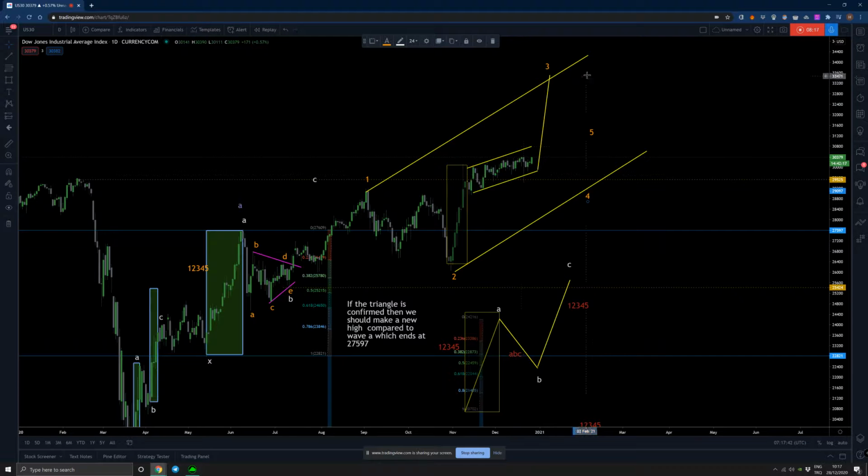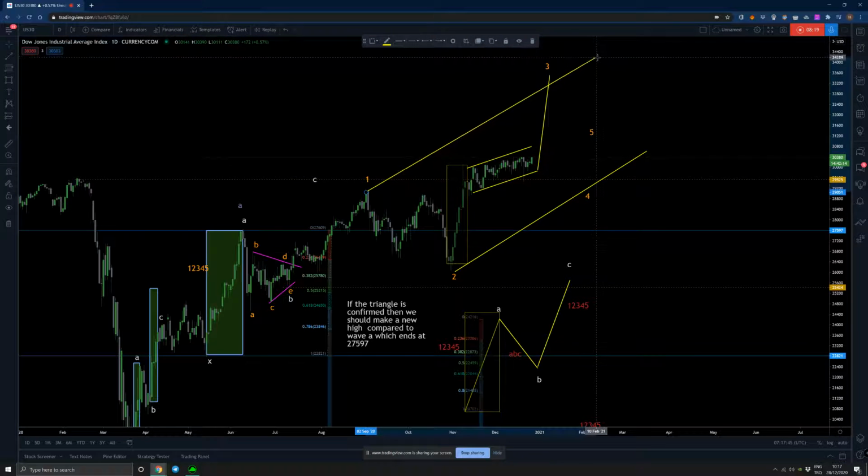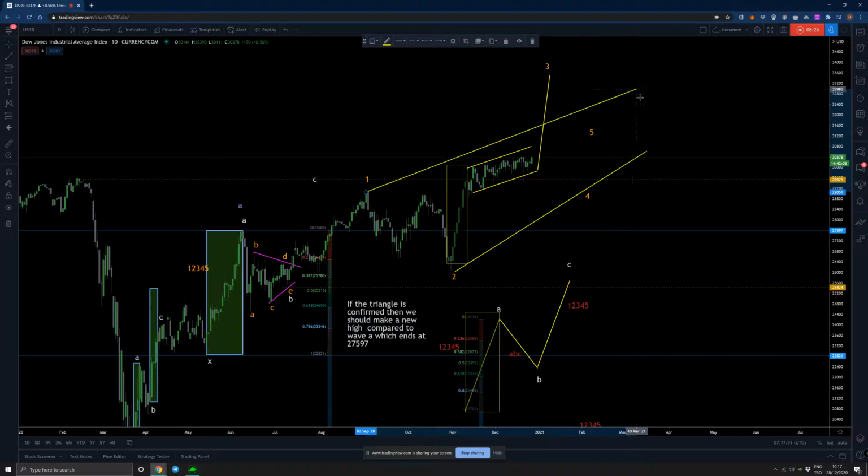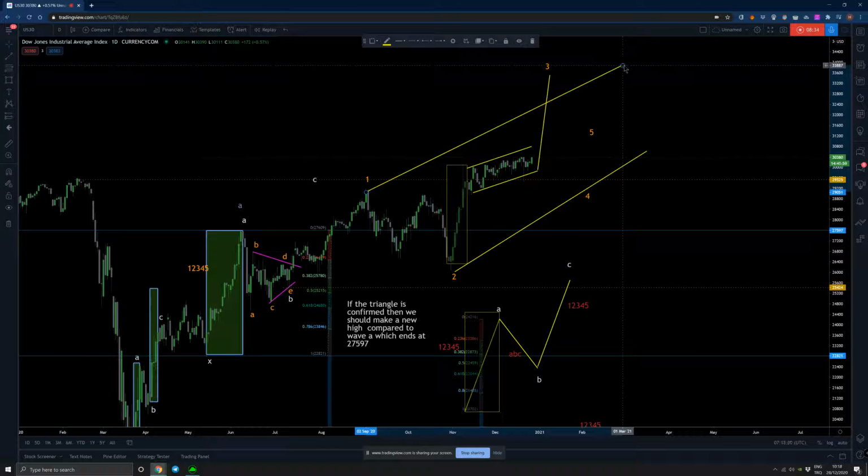And look, if you look at it like this, it's not so much an ending diagonal move. So I would like to see something like this. I would of course be happier if I see something like this. However, this angle should still converge, okay, if I would like to trade this.